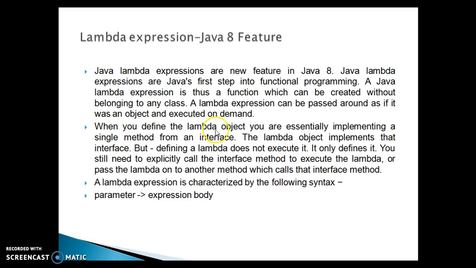When you define a lambda object, you are essentially implementing a single method from an interface. The lambda object implements that interface, right? But defining a lambda does not execute it. It only defines it, right? You pass the lambda to another method which calls that interface method.